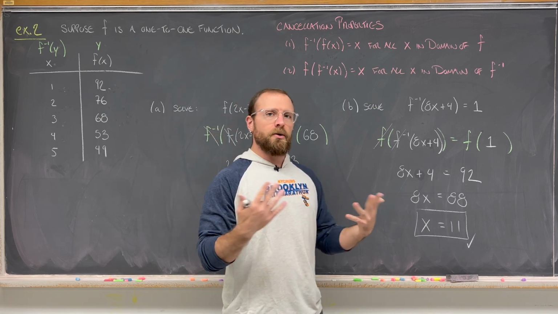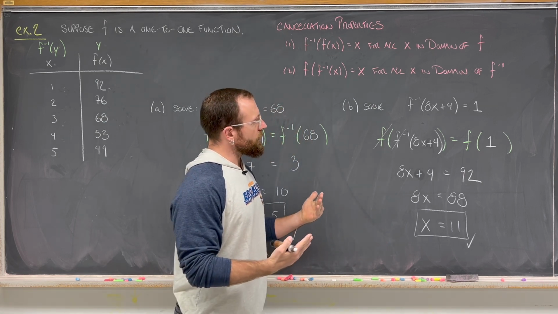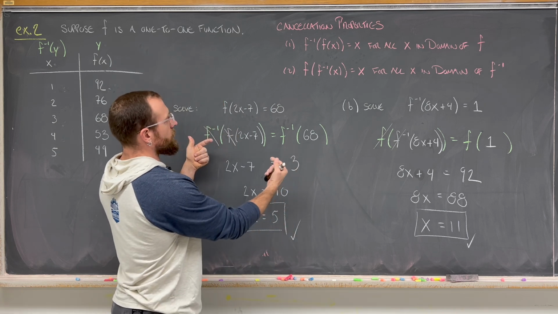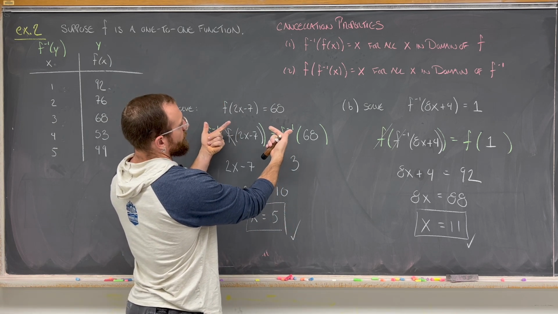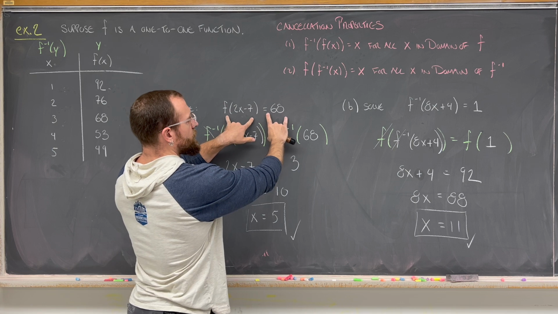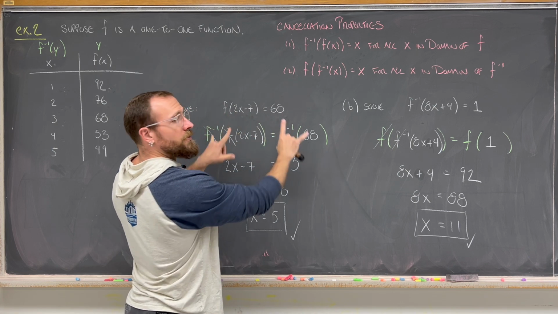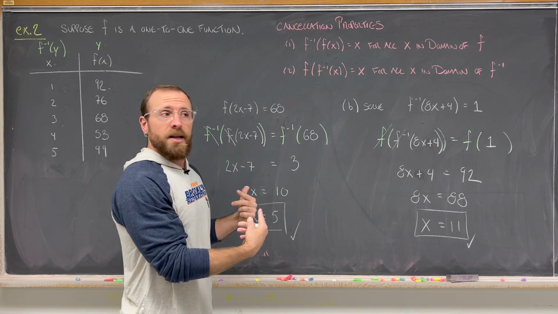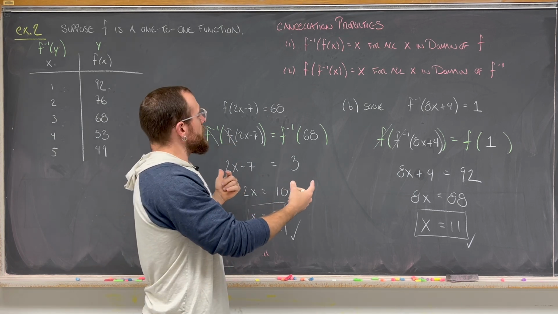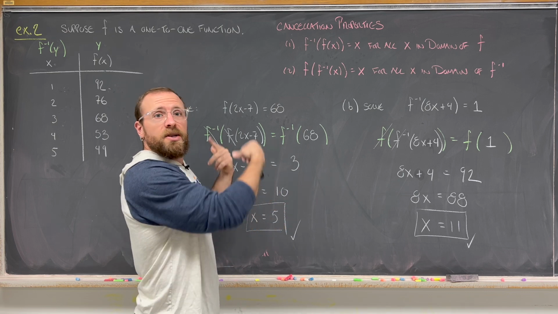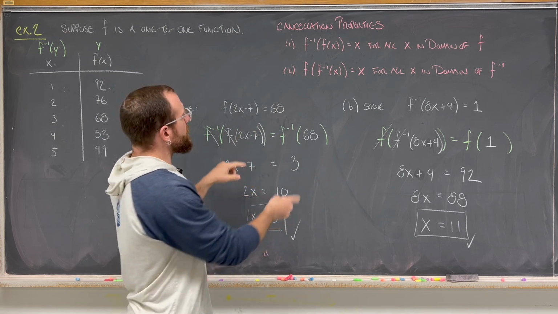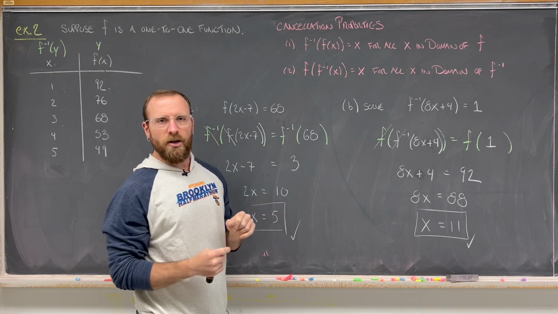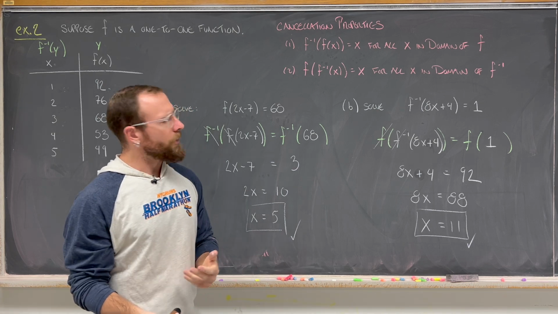So maybe, whether you know it or not, you've been doing this for a while now. You've been taking both sides of an equation and inputting them both into functions. You're doing that every time you double both sides, or add 1 to both sides, or take the square root of both sides, or square both sides. You are applying functions to both sides of equations all the time, whether you know it or not.